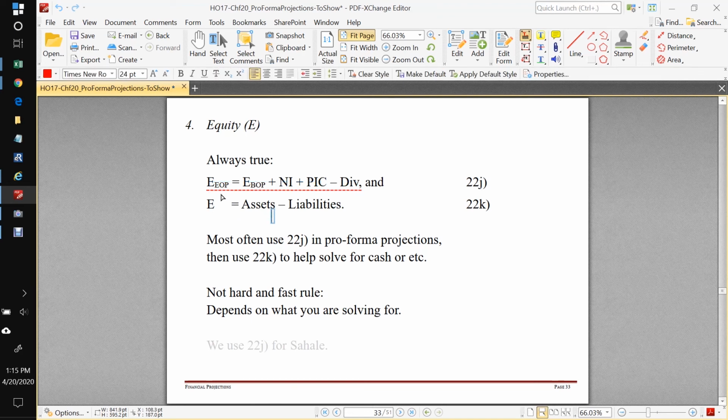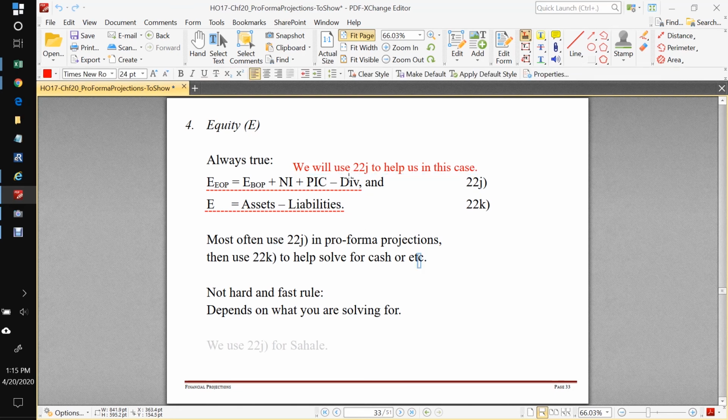One is our roll forward: equity end of period equals beginning of period plus net income plus paid in capital minus dividends. And we also know that equity at all times under all circumstances equals assets minus liabilities. And we're going to use this.